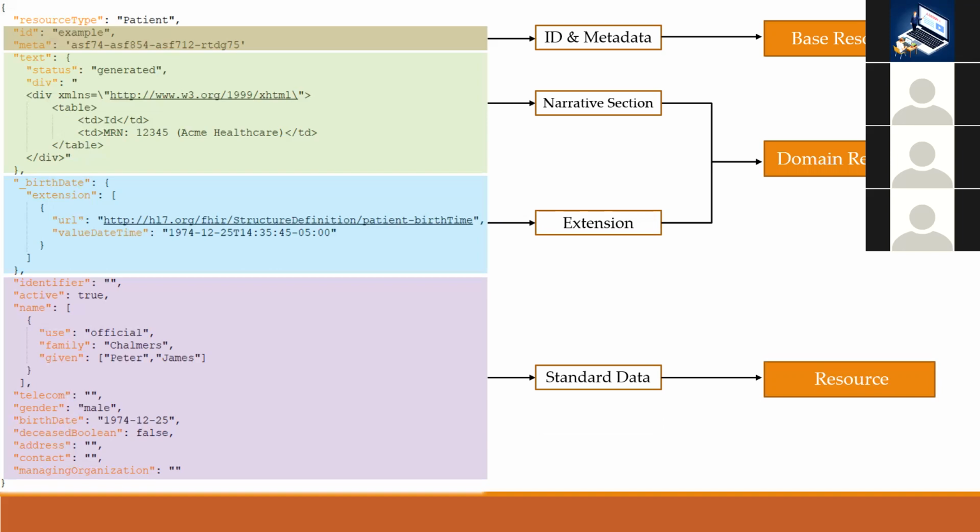The actual resource will have all the basic data elements that are needed for the demographics, and then the actual resource will derive its structure from the domain resource. The domain resource will derive its structure from the base resource. So these 3 are interrelated with each other to form a complete JSON object that is transacted by the FHIR repository.